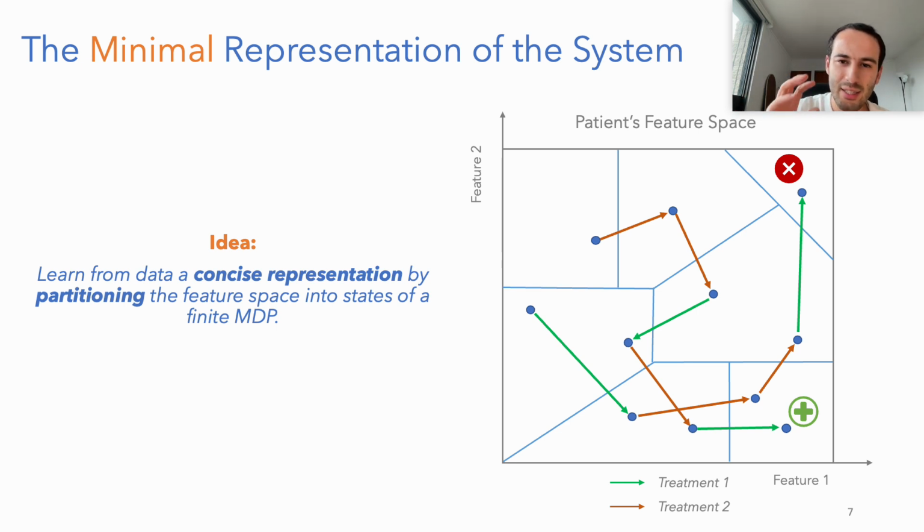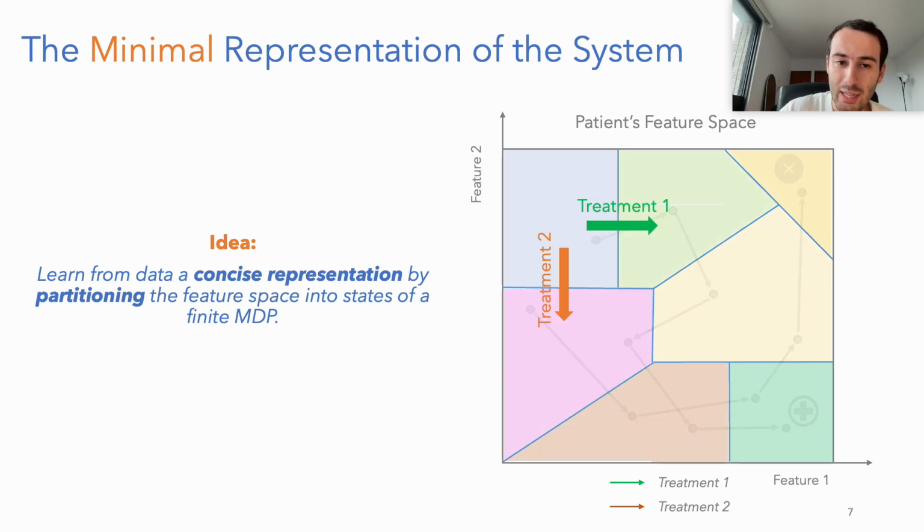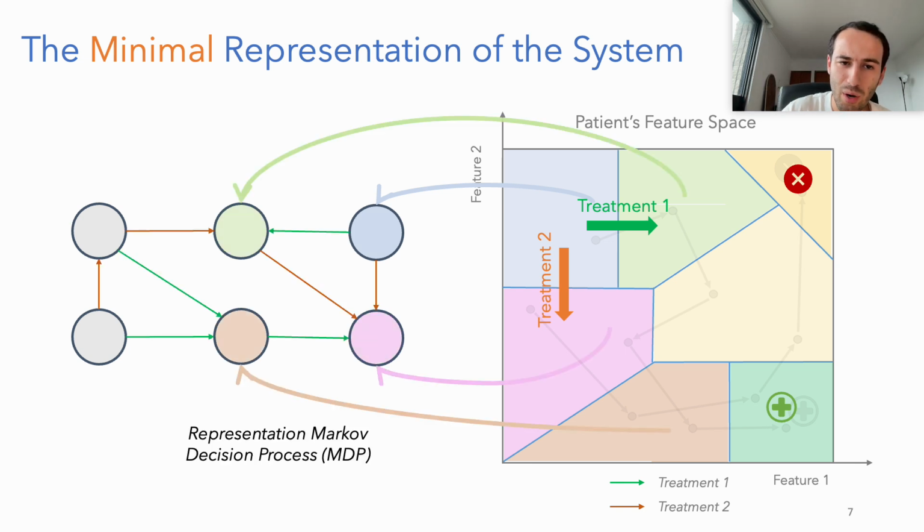More precisely, these are states that would summarize the information we need to know about dynamic systems, and in particular would preserve the dynamics of these complex continuous state space systems, such that it suffices to know in which state the patient is to be able to predict how it would evolve under specific treatments, and also to know what outcomes would be expected. More precisely, we want to map the parts of these partitions to states of a Markov decision process that would represent the system.